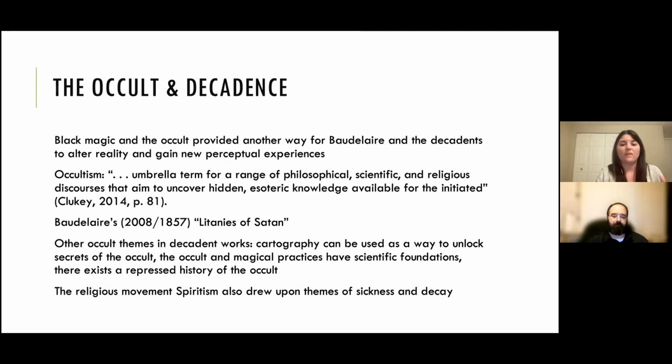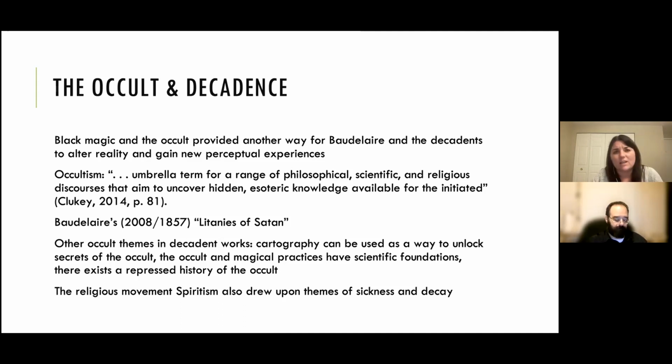Very broadly speaking, occultism is an umbrella term for a range of philosophical, scientific, and religious discourses that aim to uncover hidden esoteric knowledge available to the initiated. And we can see the influence of the occult on a lot of decadence writings and a lot of Baudelaire's writings, but one place that it's really clear is in his poem Litanies of Satan, featured in Les Fleurs du Mal.